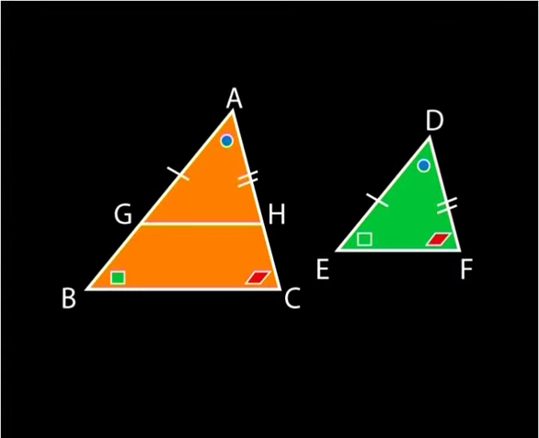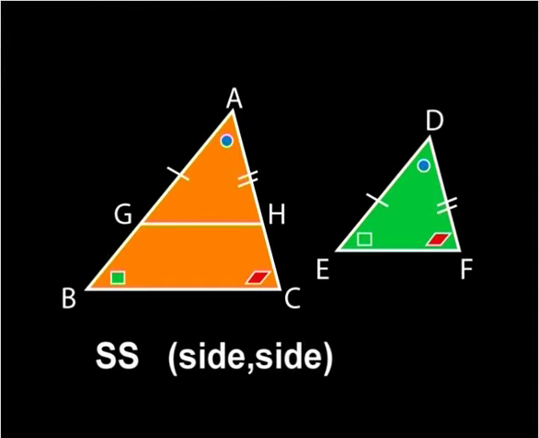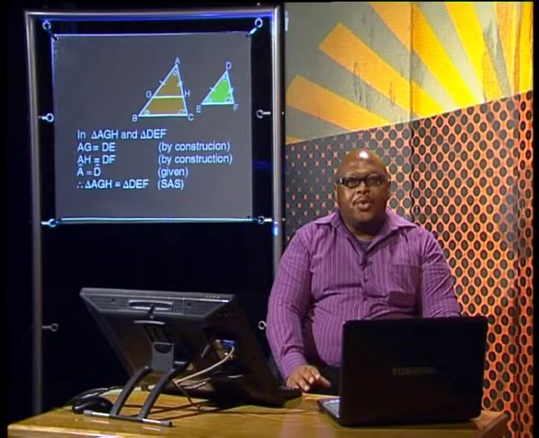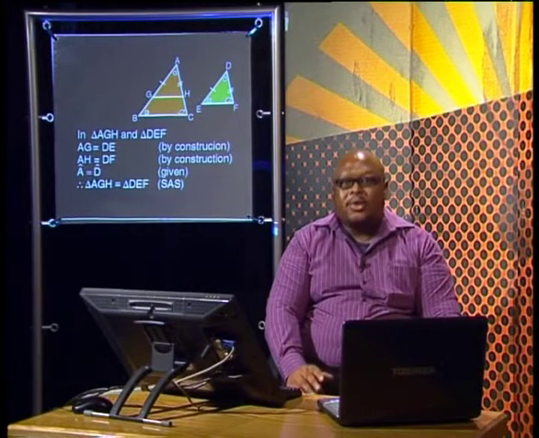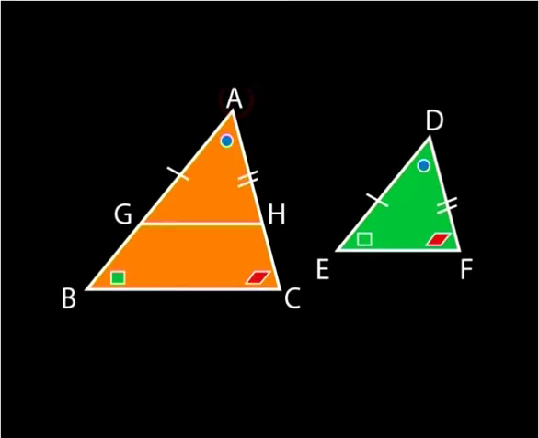We are given AG equal to DE and AH equal to DF. That's 2 reasons. What can we use for a 3rd reason? That's also easy. Angle A is equal to angle D. Fortunately for us, this is the included angle between the corresponding sides that are equal.